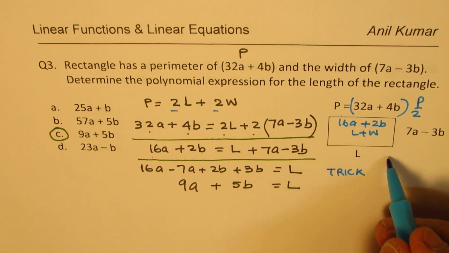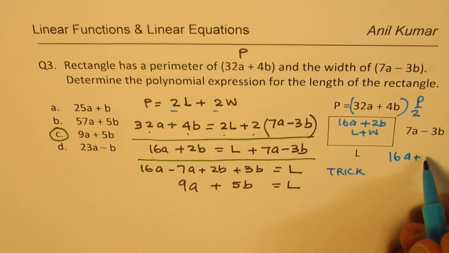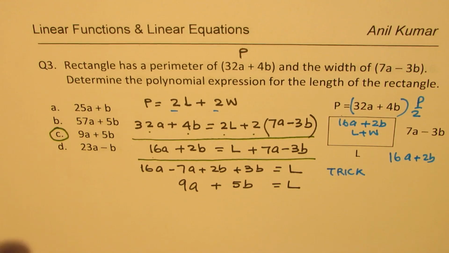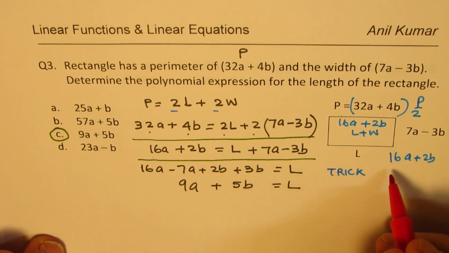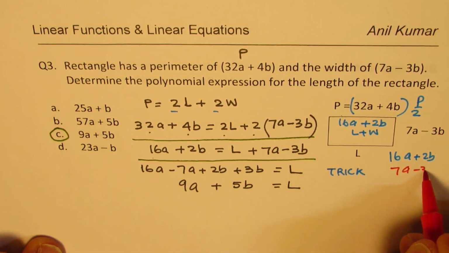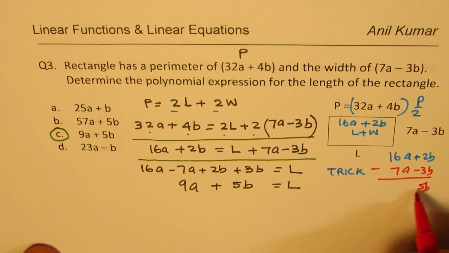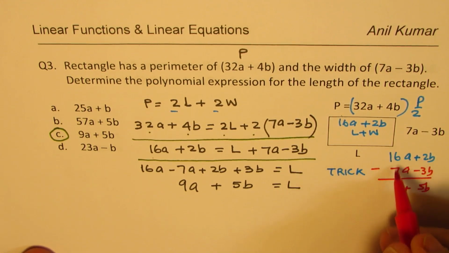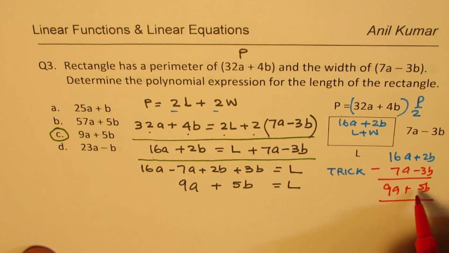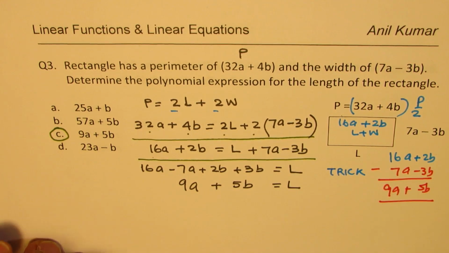Do you see that? So what you do here is that you get 16a plus 2b, and from here you take away 7a minus 3b. You take away, and once you do that you get 5b here, right? And when you take away this you get 9a. So you get your answer straight away. Do you see that?